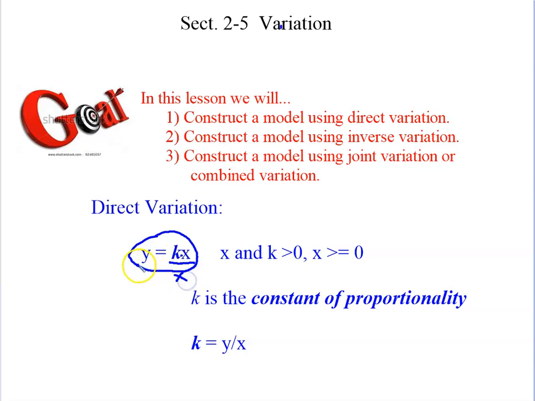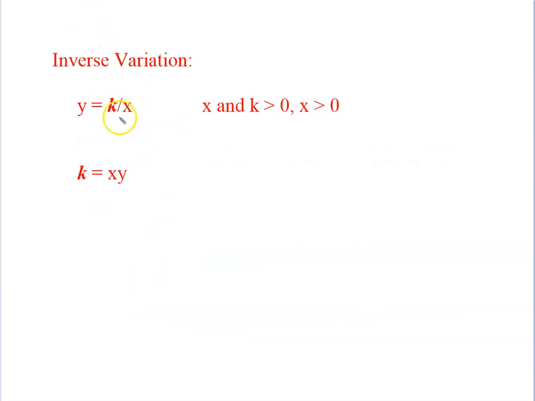We would divide both sides by x, and so that's what this is saying. The way you find k is just do y divided by x. And over here, if you wanted to solve for k, you would multiply by x on both sides. And so that gives us this equation. Okay, so that's in general what direct variation and inverse variation look like.